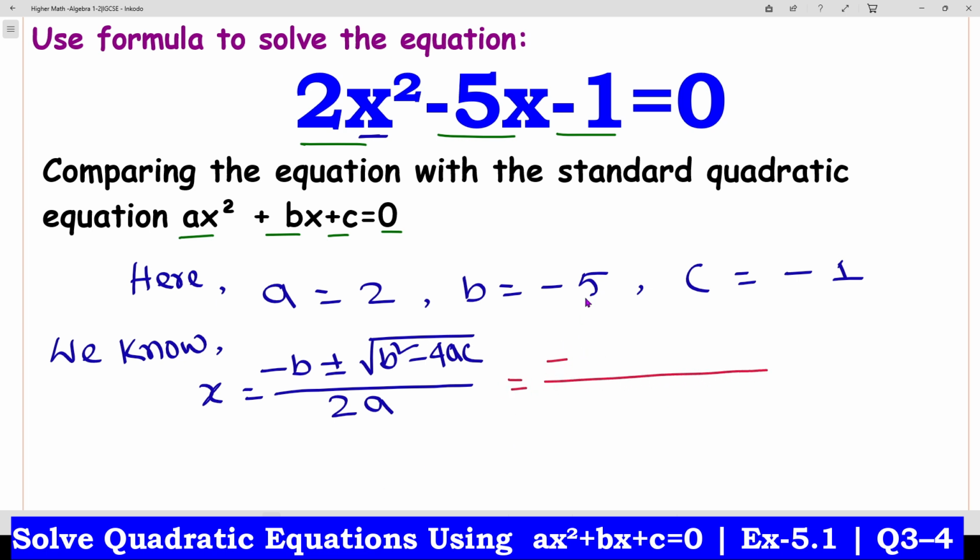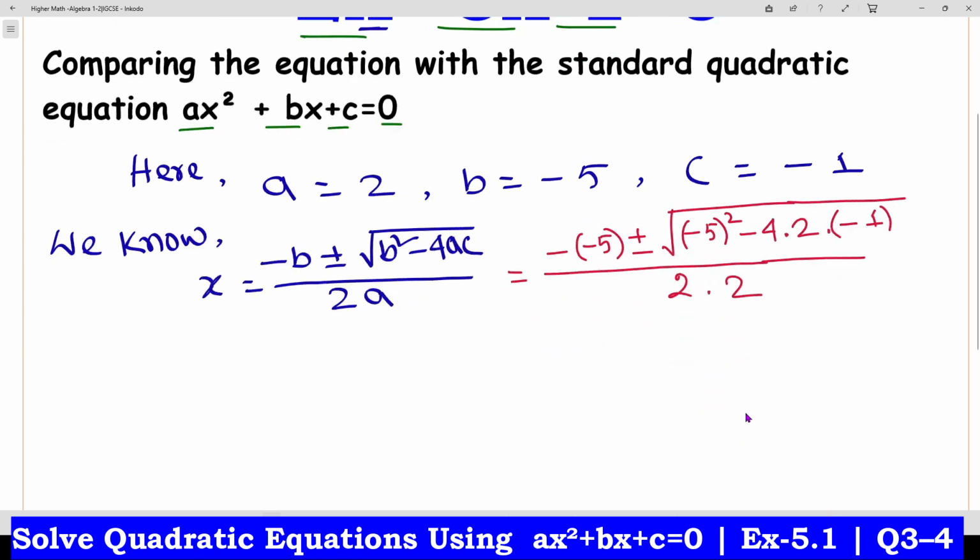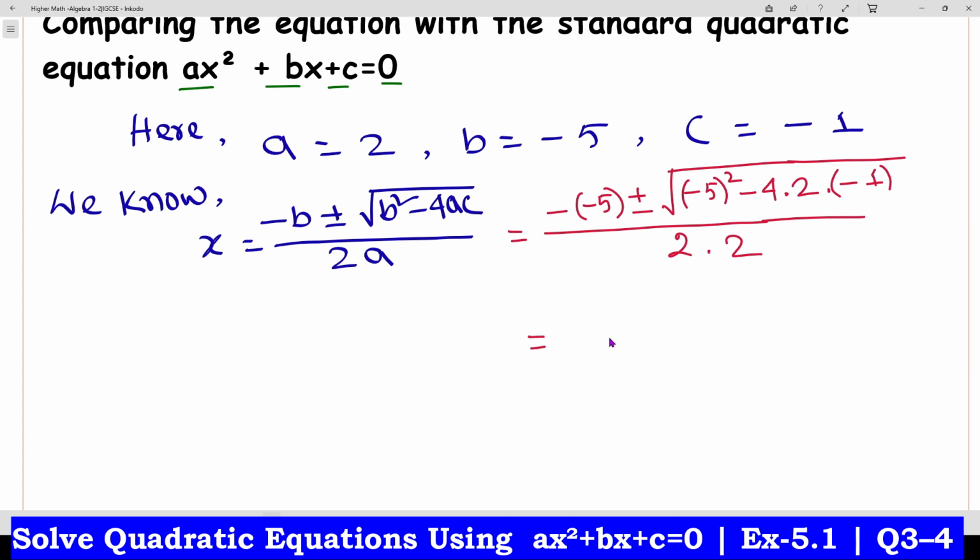Minus b means minus 5, plus minus root over b square, it means minus 5 square minus 4 times a means what? a means 2 times c means minus 1, divided by 2a, 2 times a means what? 2.